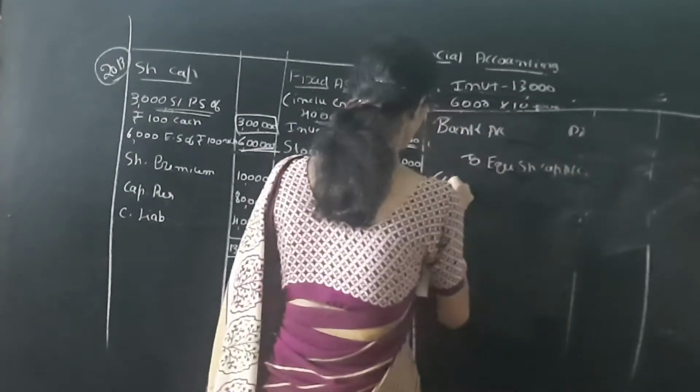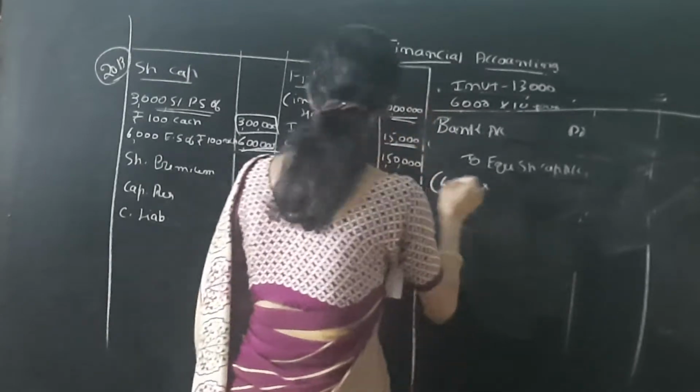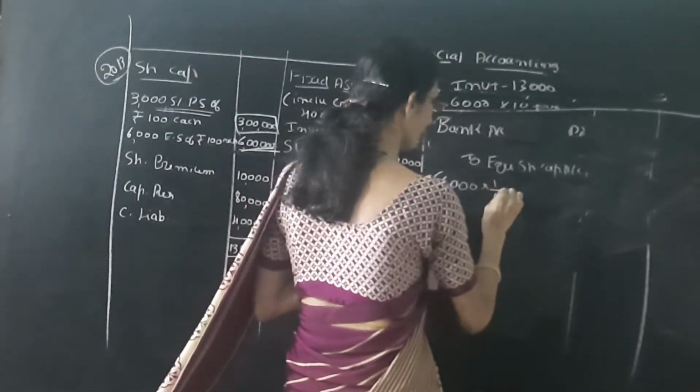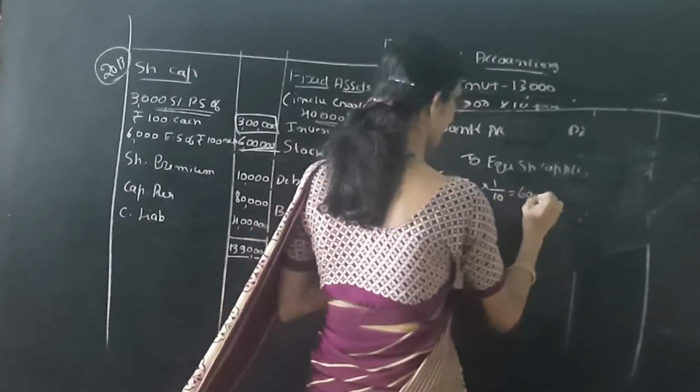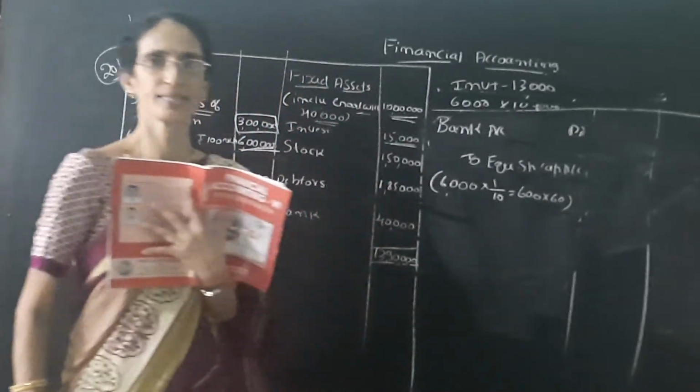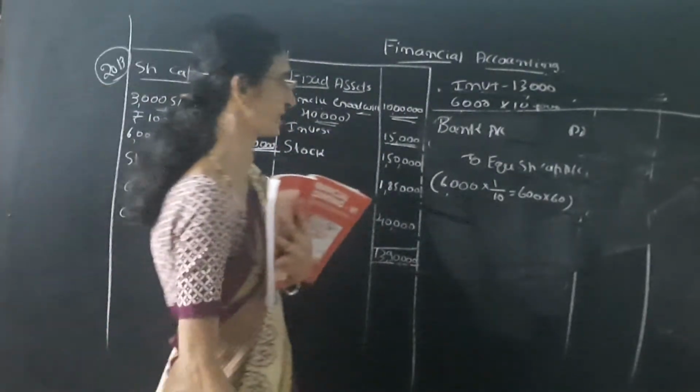So equity shareholders are total 6,000. They are given one share for every 10 held. That means 600. The shares are reduced to 60 rupees.